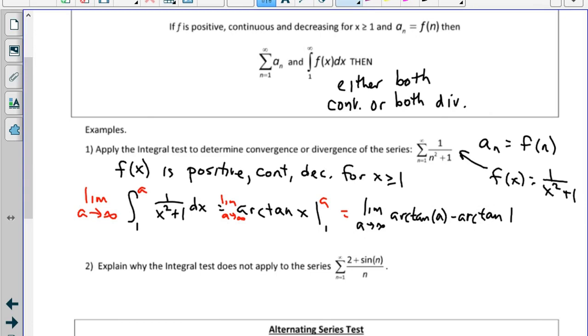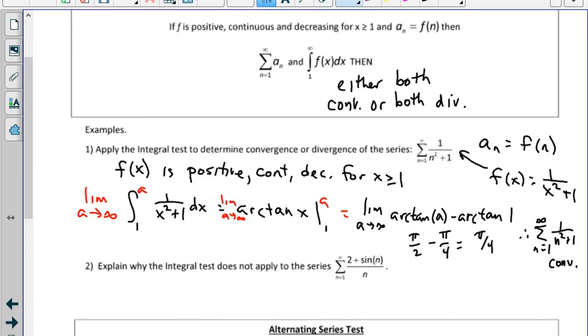Arctangent of infinity is pi over 2, and arctangent of 1 is pi over 4. So this is pi over 4, which is a number, so that means the series converges. Therefore, the sum from n equals 1 to infinity of 1 over n squared plus 1 converges.